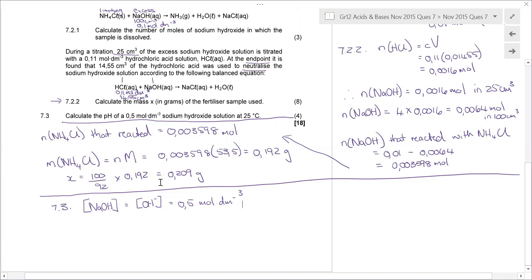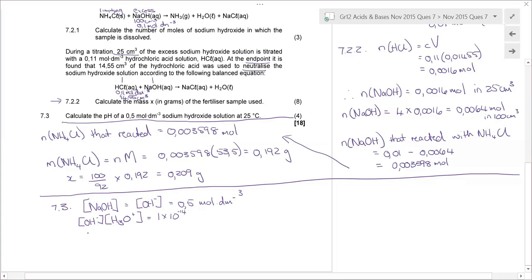There are two ways to calculate the pH of a base. I'm going to do the one option first. We have the ionization constant of water. You have this equation on your data sheet, which gives you the hydronium ion concentration times the hydroxide ion concentration equals the ionization constant of water, Kw.